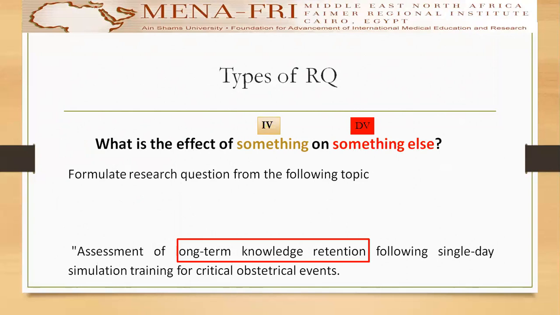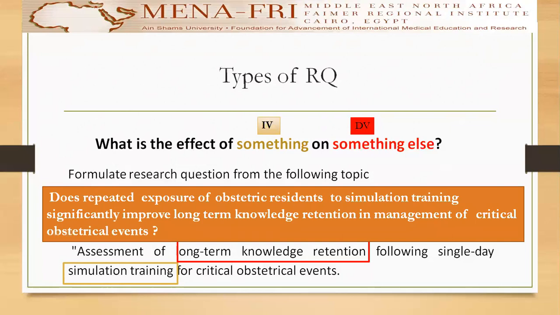Yes, this is the dependent variable, long-term knowledge retention, and the simulation training is the independent variable. So when I formulate my research question: does repeated exposure of obstetric residents to simulation training significantly improve long-term knowledge retention in management of critical obstetrical events?